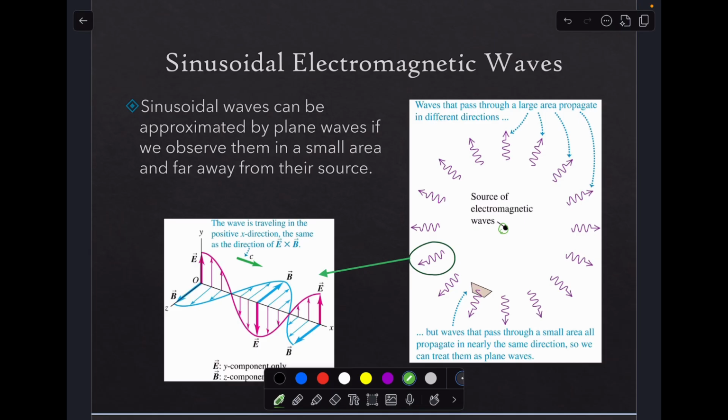So we can then add these extra components of a sinusoidal wave properties in this small little region very far away from the source. So electromagnetic waves are sinusoidal waves.